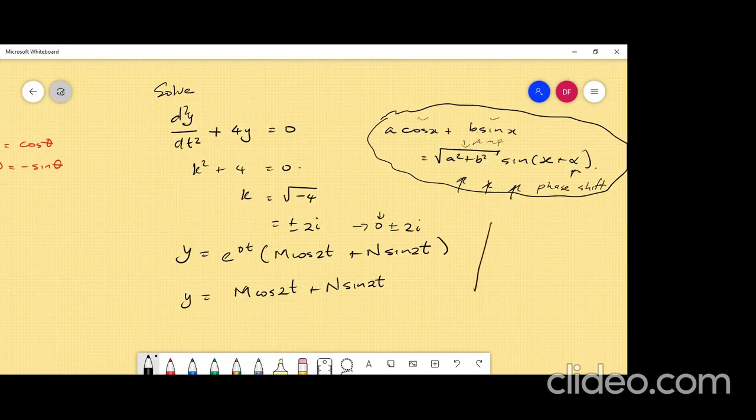The phase shift just tells us where the curve starts from. A sine wave starts from here. Alpha tells us at what angle it starts from. If this is 60 degrees, or whatever value it is in radians, it starts at 60 degrees. It doesn't start at 0. If there's no alpha, then the curve starts at 0. But if there is an alpha, it tells us where it starts from. And they call that the phase shift in the graph.